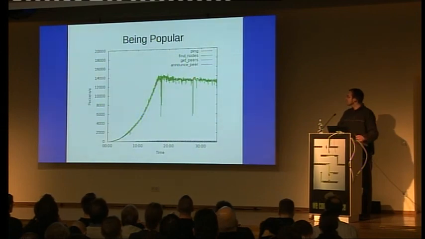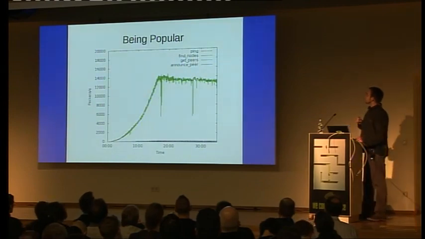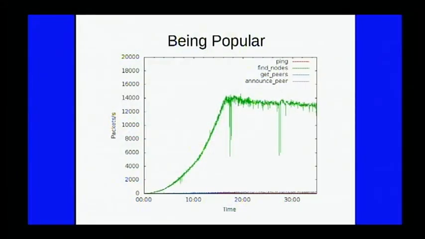So this is a test. You can see the 4 packet types. And what the test does is it regularly contacts peers with their own node ID, but with some of the less significant bits flipped.